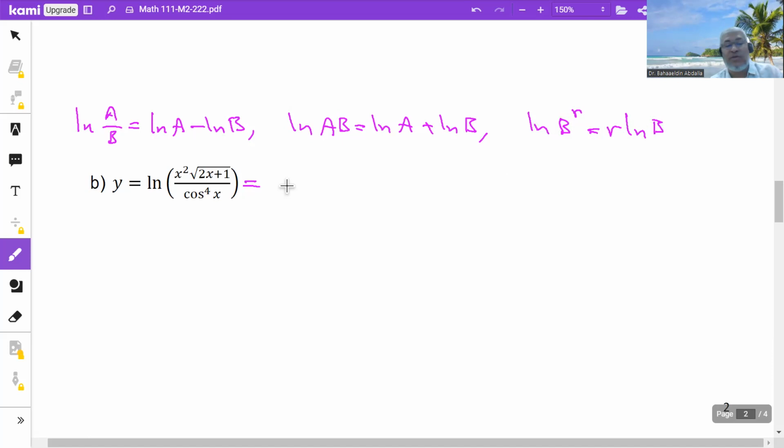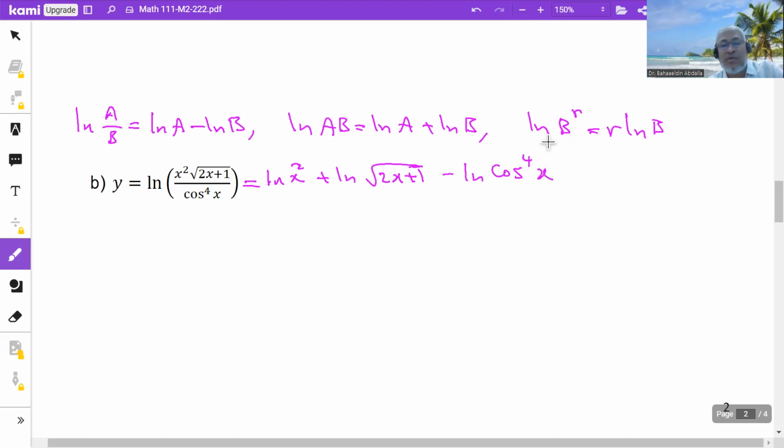We use all of these properties to expand this logarithmic. This is one logarithmic function, one ln, and it will be expanded to more than that. So we will have ln x squared plus ln square root minus ln cosine. Okay, so you can write it ln x squared plus ln square root of 2x plus 1 minus ln cosine to the power 4x.